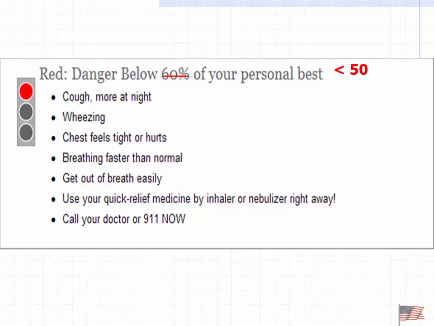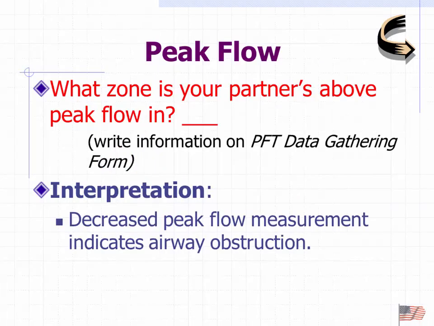And you can see some of the clinical pictures that you'll end up seeing, waking up from sleep, wheezing, out of breath. Not only do they need to use their quick relief medication, their short-acting beta agonists, but they probably need to get some guidance, get to the ER.